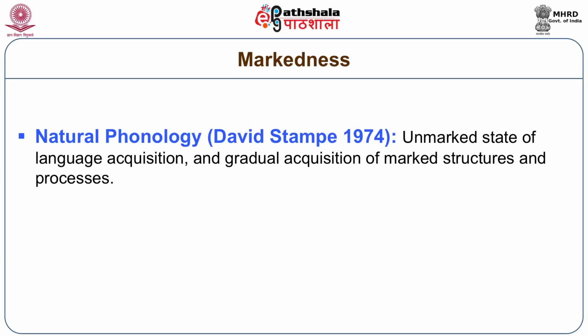At the earliest stage, it is mostly the unmarked phenomena which are found in the mind-brain of the language learner. So that when a child learns a language, he is actually unlearning some of these unmarked phenomena, unmarked facts of language, and thus he comes to acquire a language.